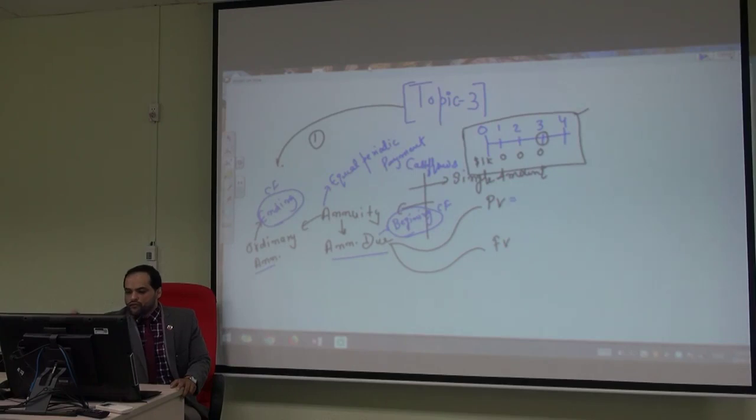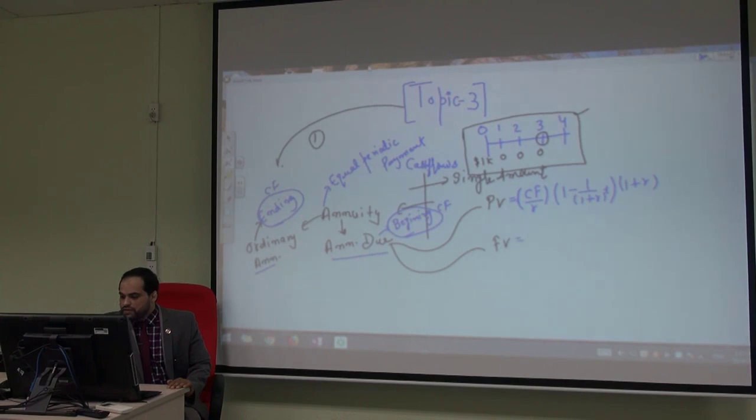So the formula for annuity due present value is multiplied by, annuity due, therefore 1 plus R. Alright, this is the present value.